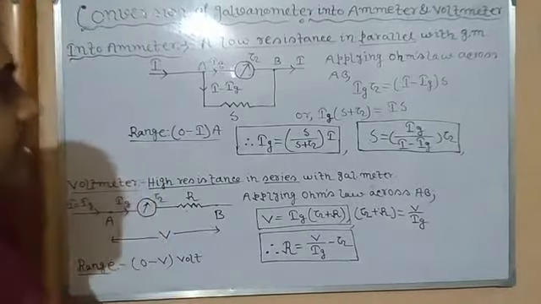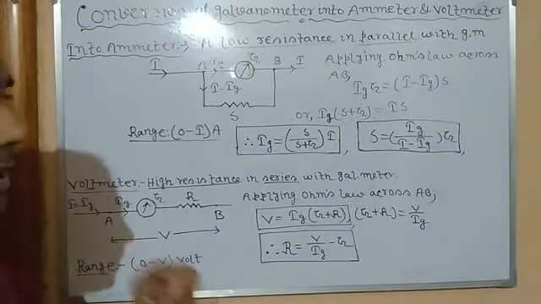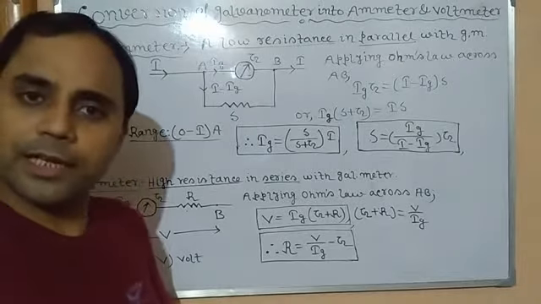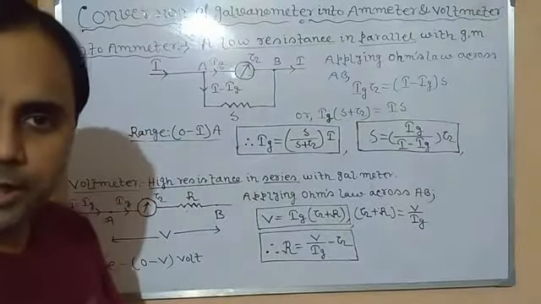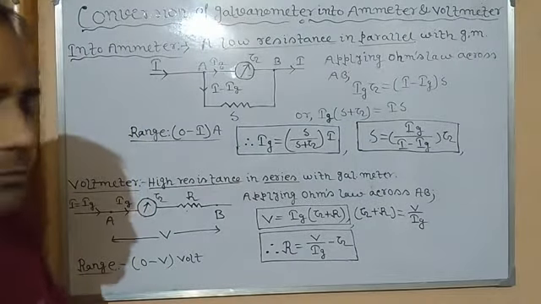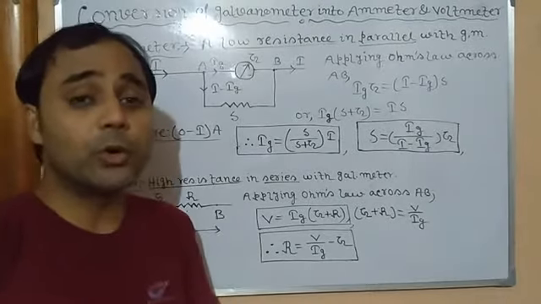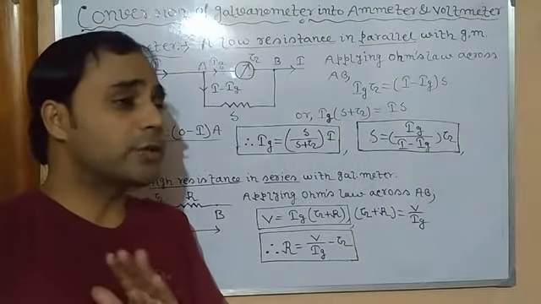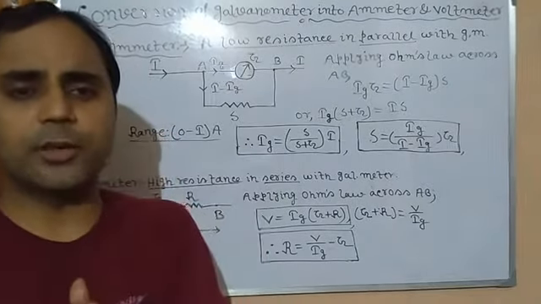So in that case, the resistance of the ammeter should be as negligible as possible. Clear? If resistance is very small, all current can pass through the ammeter. So it means the resistance of an ideal ammeter should be 0. An ideal ammeter means it will measure the entire current. Whatever the current is flowing through the circuit, it will pass through it.